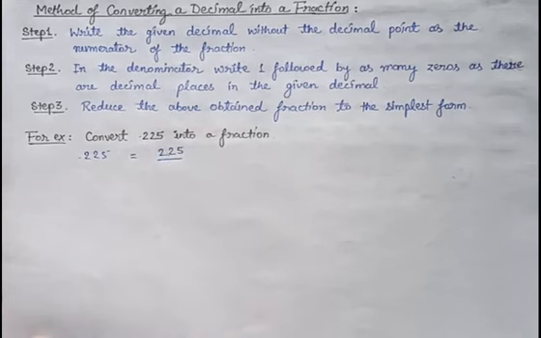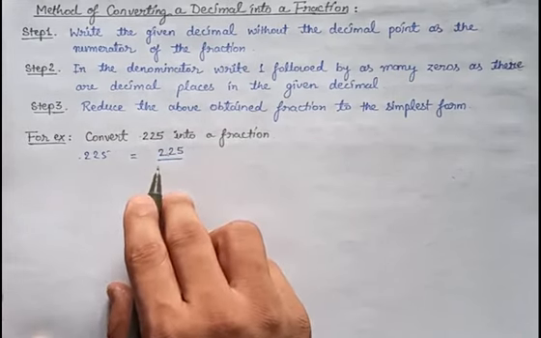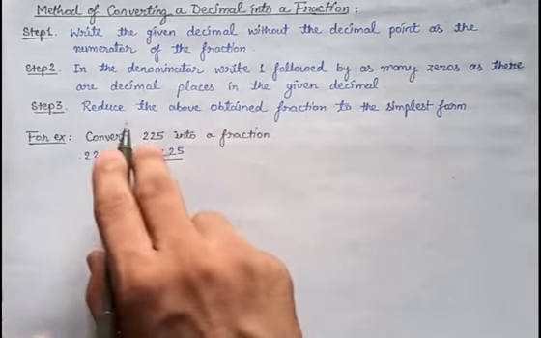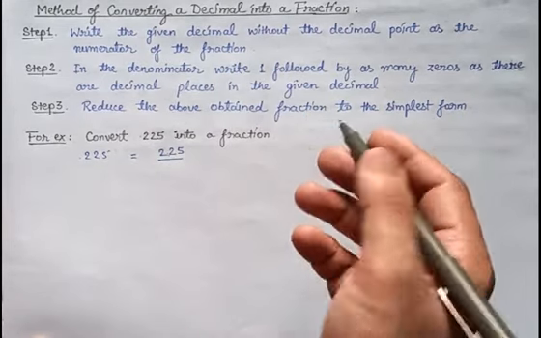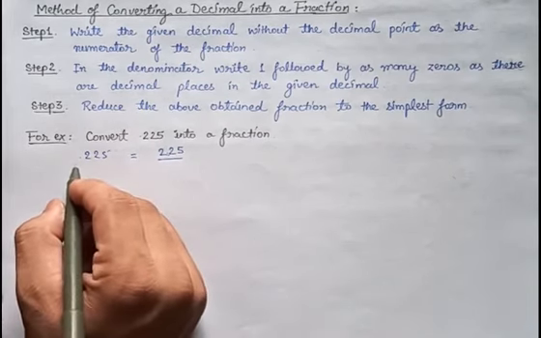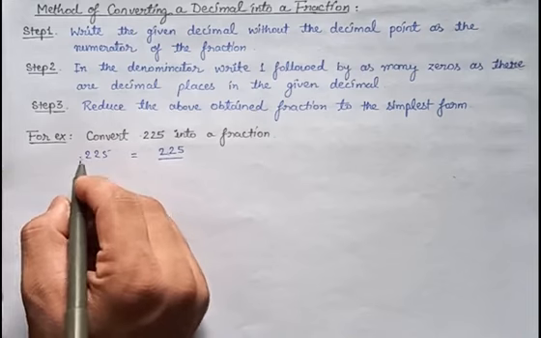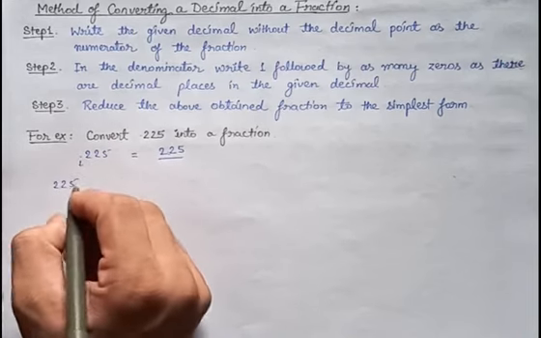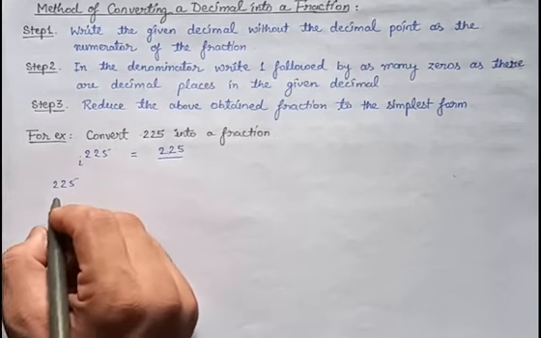225. And in the denominator we have to write 1 followed by as many zeros as the decimal places the given decimal has. So here you can see this is our decimal point and the right side of the decimal point is 225. And this 225 contains 3 digits.